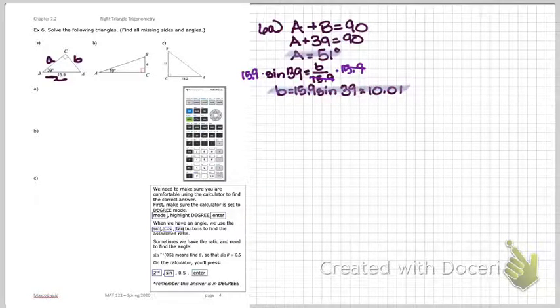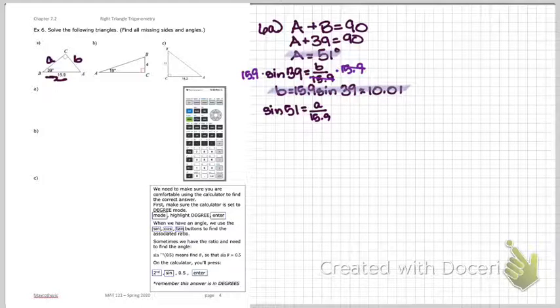Now we need to find the length of side a. 2 ways we can do this. We could use sine again and do the sine of 51 equals a over 15.9. That is fine as long as you're convinced you haven't made a mistake. It would be possible also to do the cosine of 39, because that's going to be the exact same thing, a over 15.9.